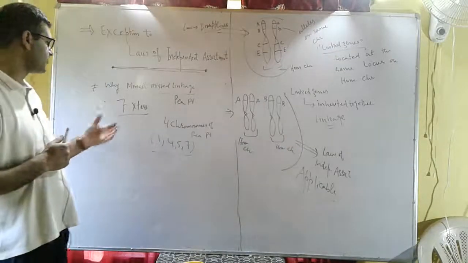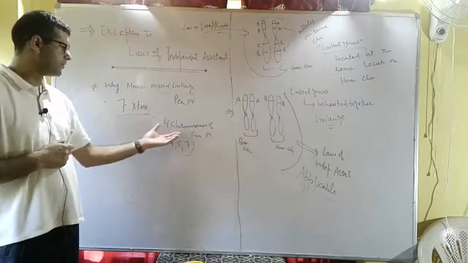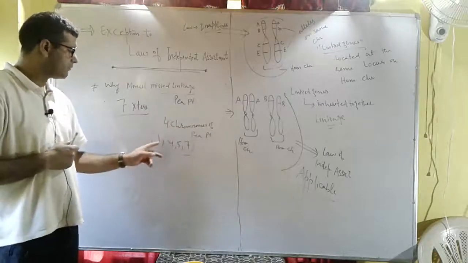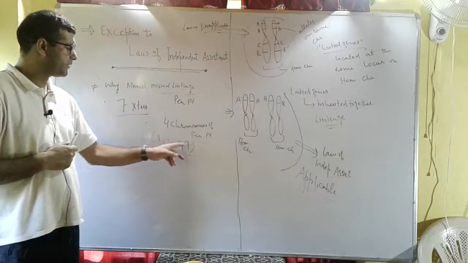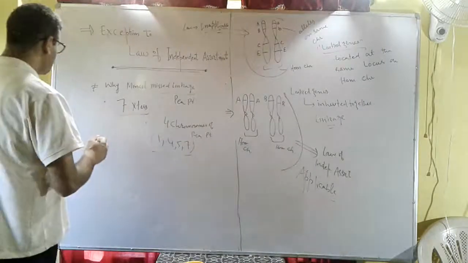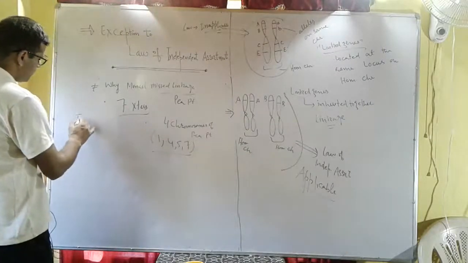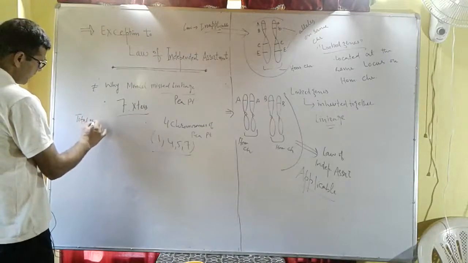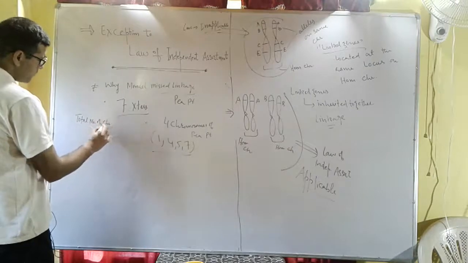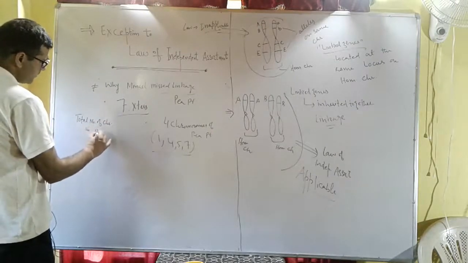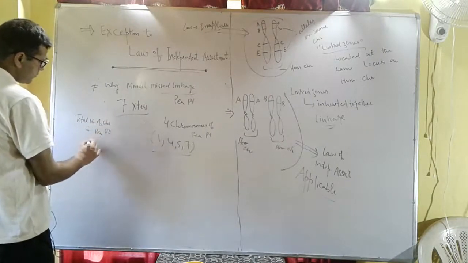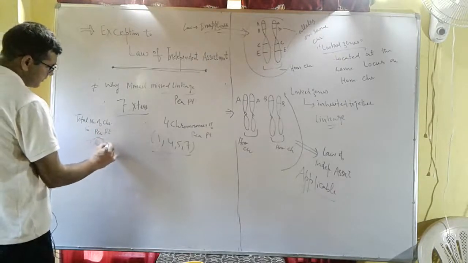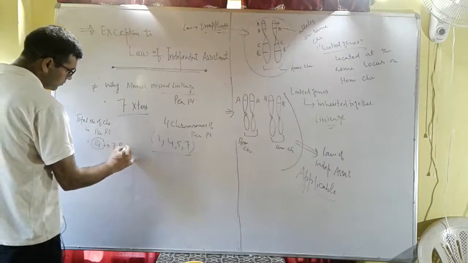The total number of chromosomes in the pea plant is 14. It means 7 pairs of homologous chromosomes.